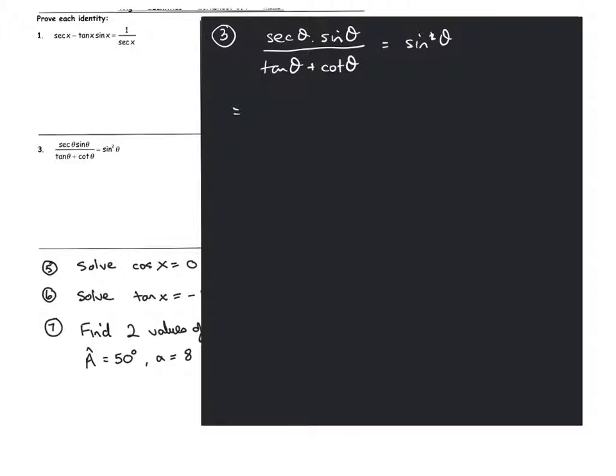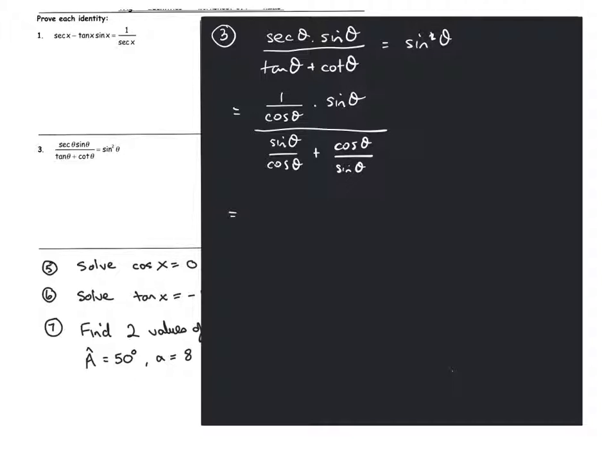So we know the top is 1 over cos theta times sine theta, and the bottom, what we could do is turn everything into sine and cos again. See if that works. Sometimes you can try things and they don't work. Sometimes you try things and you go a different path afterwards.